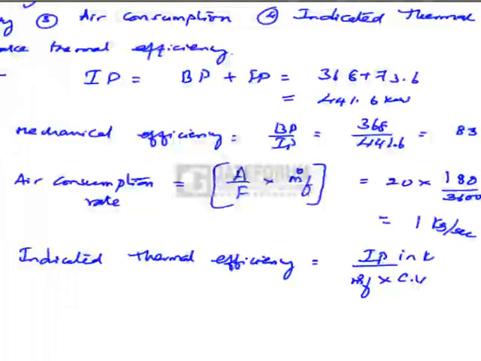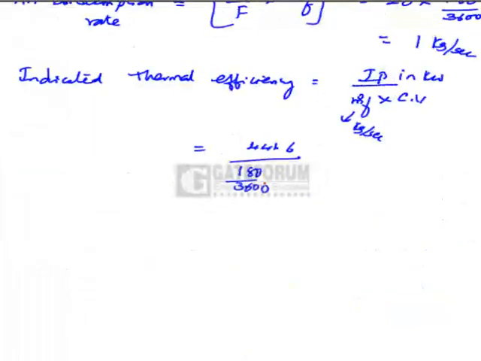Numerator, if it is in kilowatts, mass flow rate should be in kg per second. Indicated power which we got as 441.6 kilowatts divided by 180 by 3600 into 42,000 kilojoule per kg. That comes to 21% of indicated thermal efficiency.